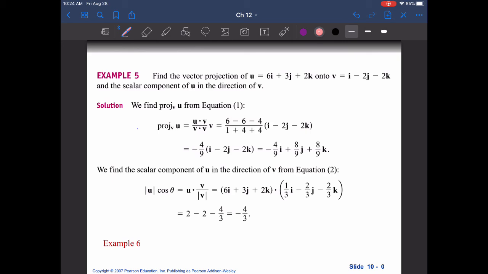Try thinking of it with the version that they gave you on the previous one, and then also with the way I was trying to tell you to think about it: getting unit vectors and using the dot product to pick out parts that are parallel to the direction you're looking for. See if you can follow through this one and figure it out, and it should make good sense for you. Ultimately, it's always the same thing, whichever way you're more comfortable with.